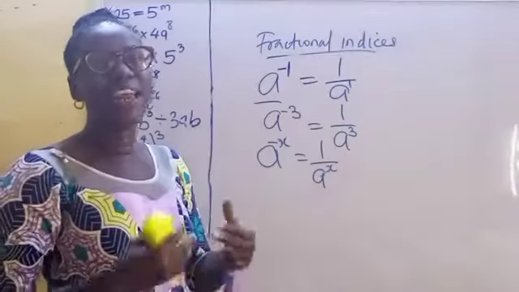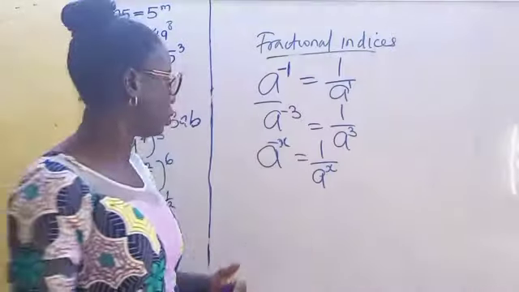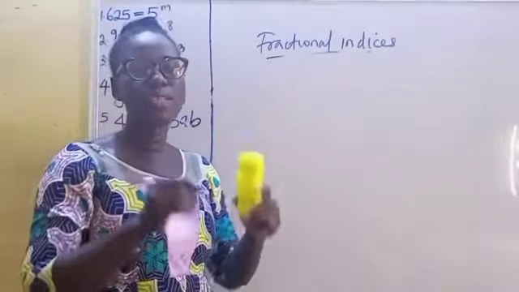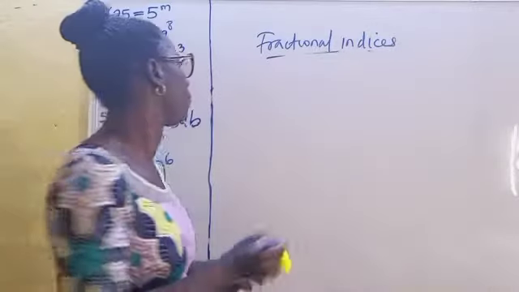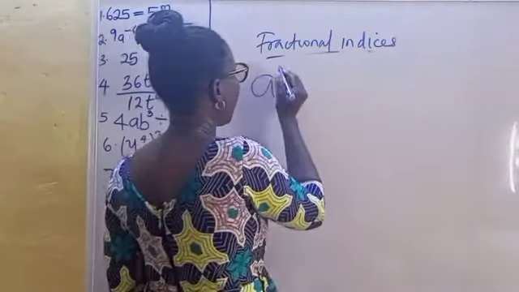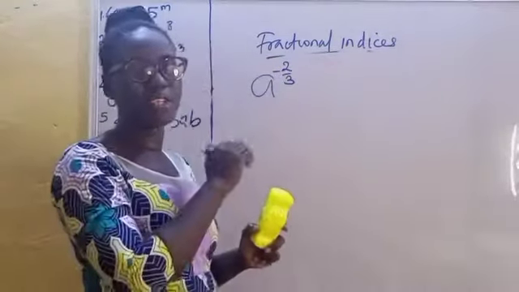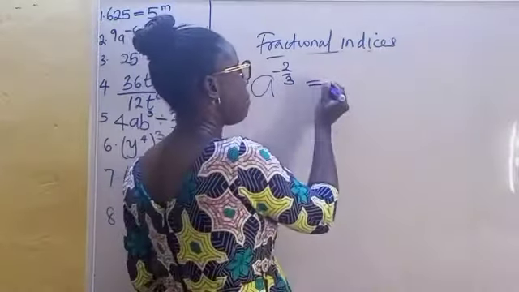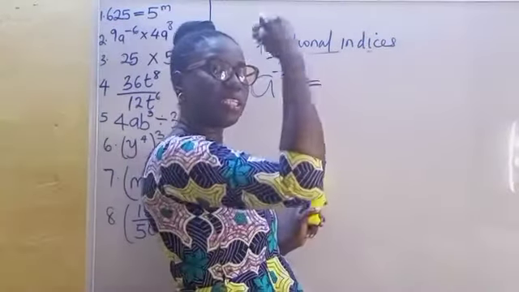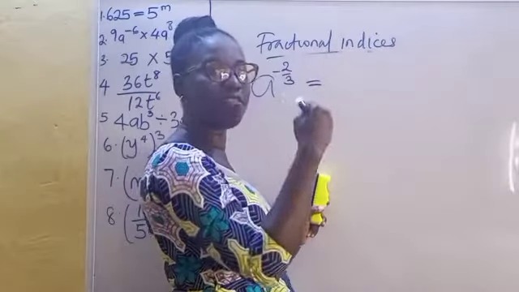So we look at the inverse of our fractional laws. So let's look at the inverse of the fractional index. If you write a fractional index like this, which is A raised to the power of minus 2 over 3, we remember that whenever we have the minus sign in front of the index, we're talking about the inverse.